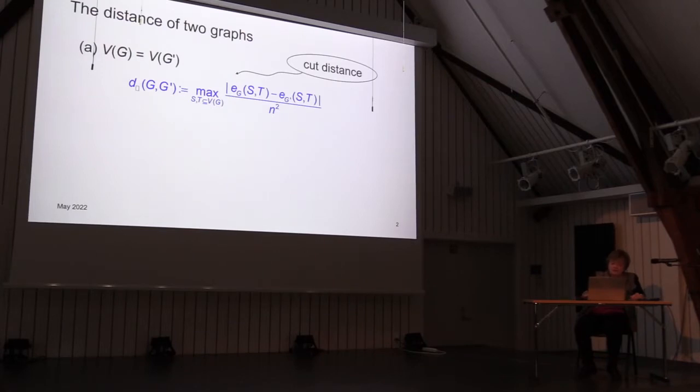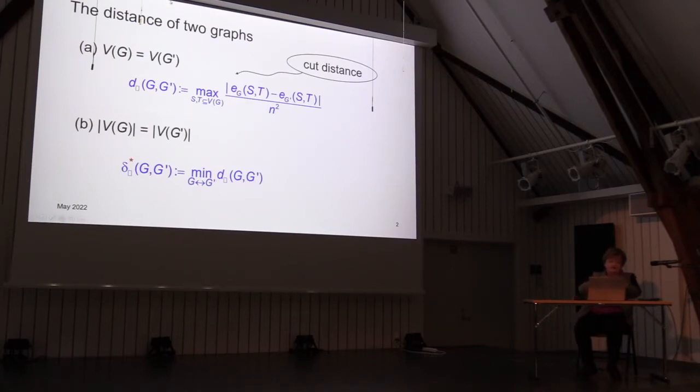Now, what happens if we have two graphs with the same number of nodes, but on different nodes? Then we try to find the best overlay of the two graphs and take the minimum cut distance.